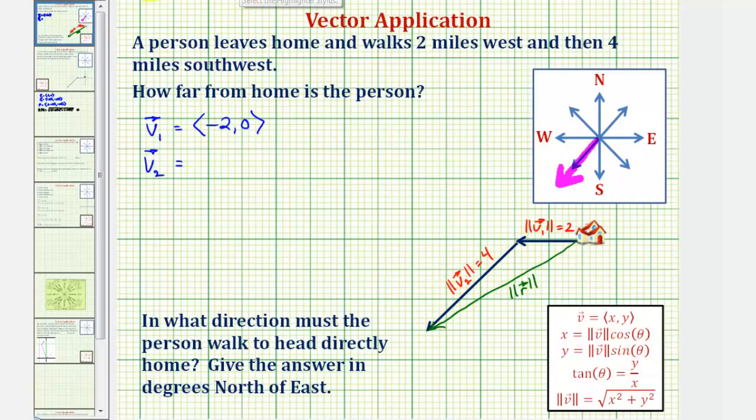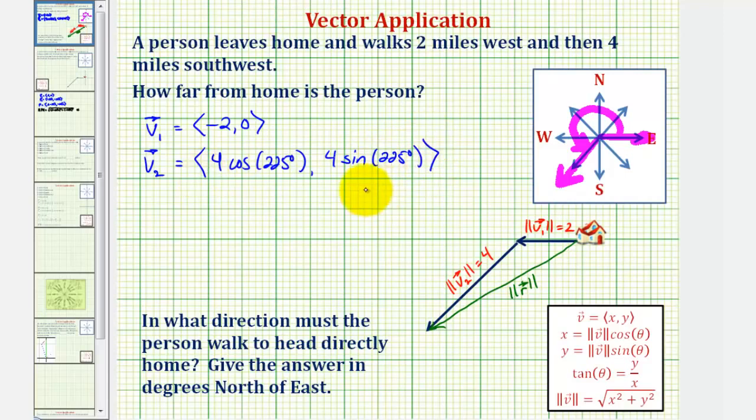So notice how if the direction is southwest, theta is measured from the positive x-axis, or this axis here. So theta would be equal to 180 plus 45, or 225 degrees. So the x component would be 4 cosine 225 degrees, and the y component would be 4 sine 225 degrees.